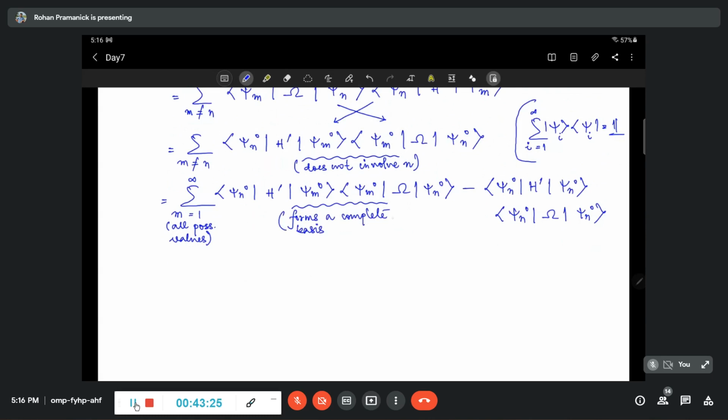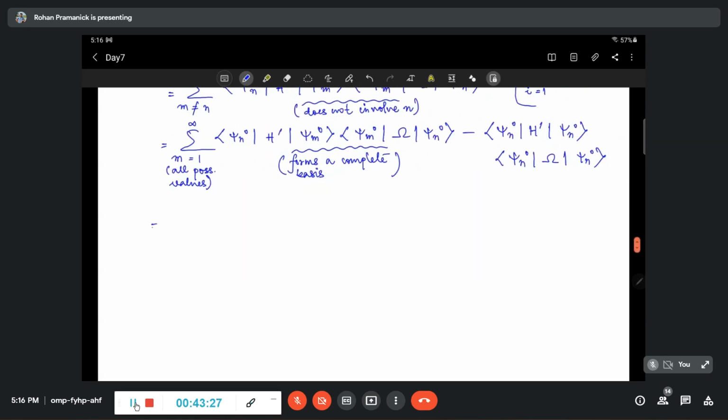So this we can write as 1. So your sum goes away, and your expression will be psi n0 h prime omega psi n0 minus psi n0 h prime psi n0 multiplied with psi n0 omega psi n0.